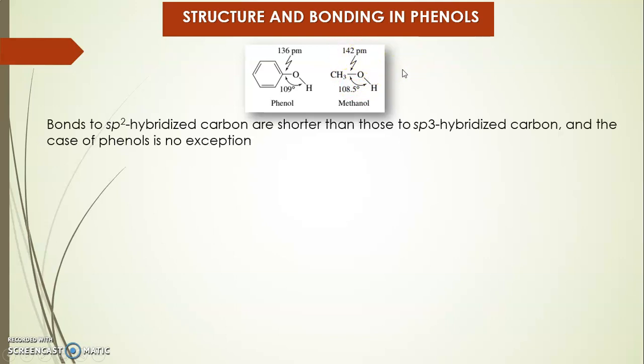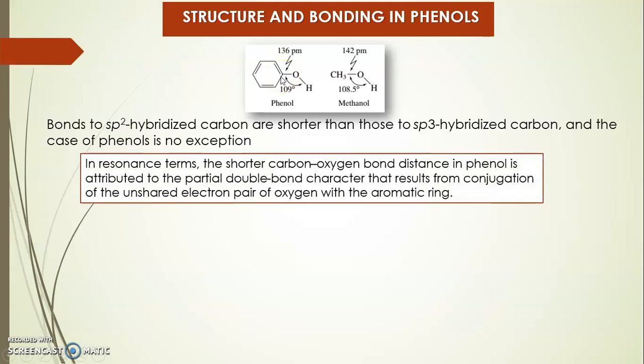So what is the reason for that? As you already know, bonds to sp2 hybridized carbons are shorter than to sp3 hybridized carbons. This one is sp3 hybridized, and in this case, this one is sp2 hybridized carbon.